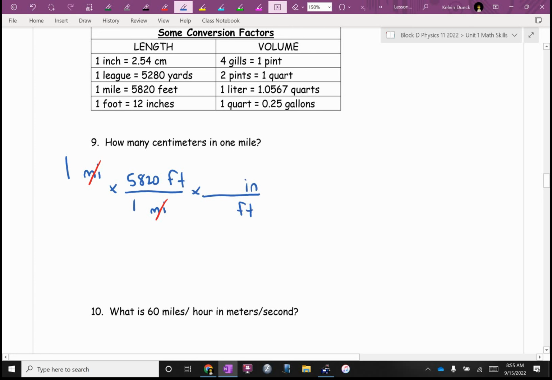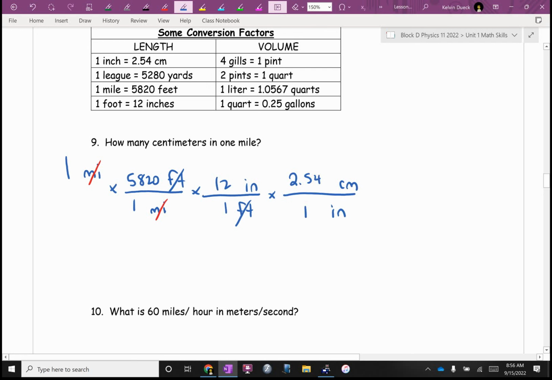What's my conversion factor? Yep. How does that help me? What can I change inches into? Yes, they gave me that conversion factor. So inches can go on the bottom. Centimeters can go on the top.